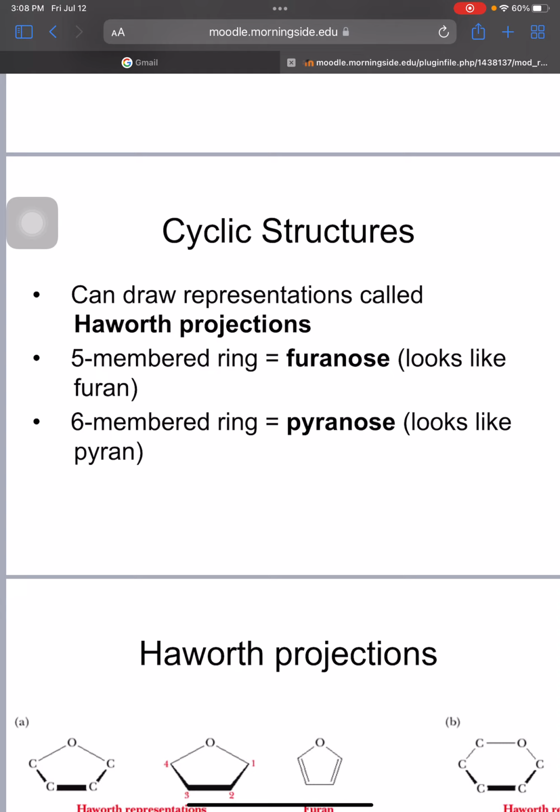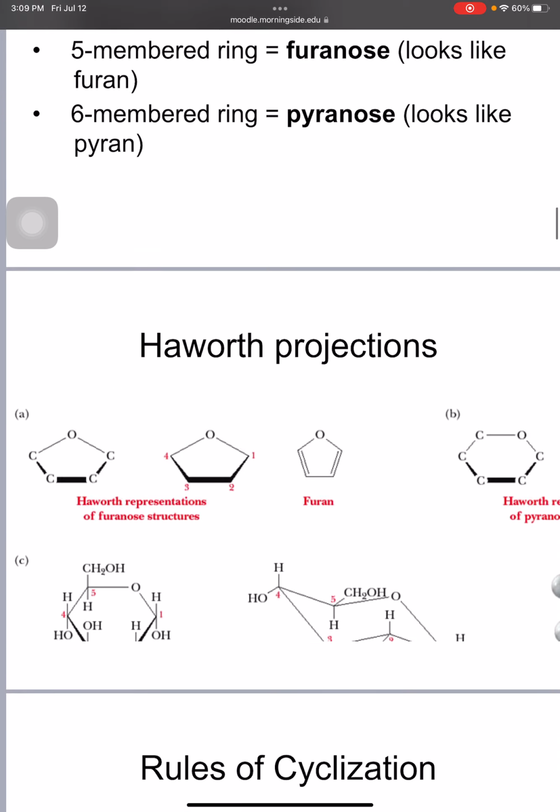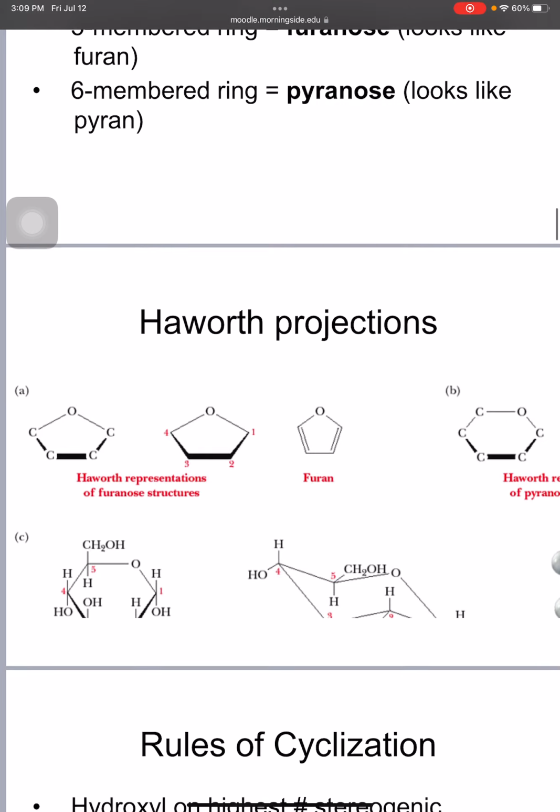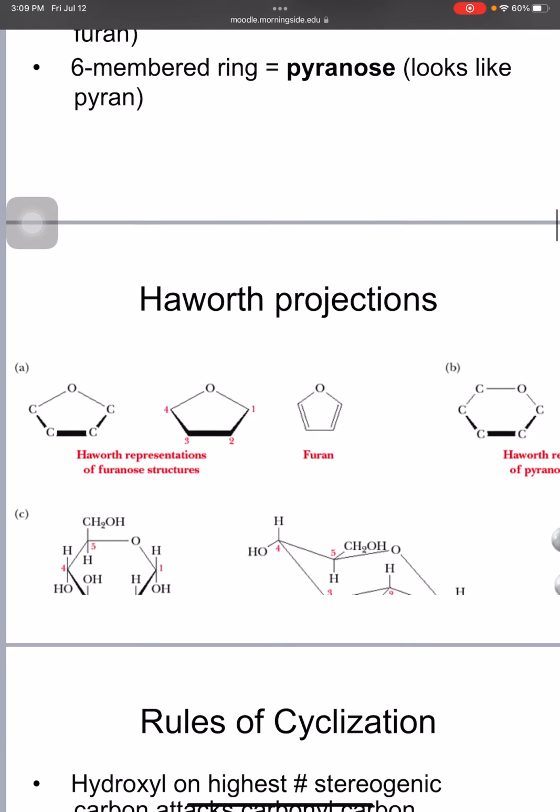And if they're 6-membered, like the glucose one I drew, that is called a pyranose. Not a chemical classification at all. It's kind of stupid, actually. But if you look at this next slide, you see the structure of a molecule called furan. They're called furanoses just because they resemble that structure. That's all. Kind of dumb, but it is terminology that's referred to, so you have to be familiar with it.